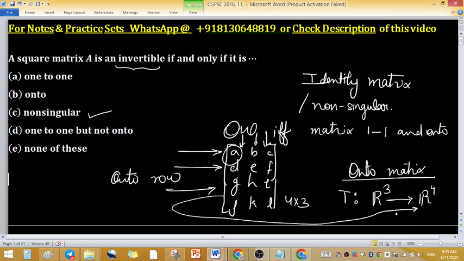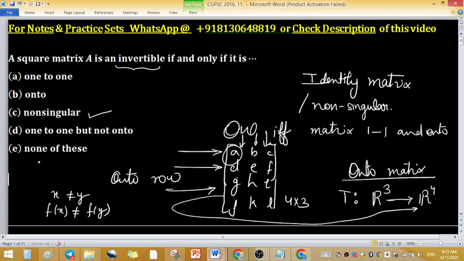But what is the definition of 1-1? In linear algebra, or simply in terms of functions, a function is said to be 1-1 if x not equal to y, then f of x must not equal f of y. So this is the definition of 1-1.